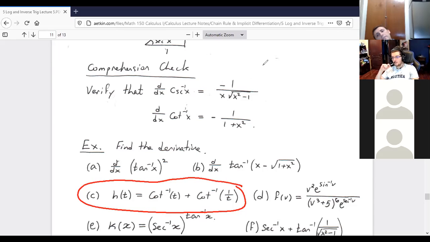What is the derivative? Come on. The derivative is pi over 2, Alan.